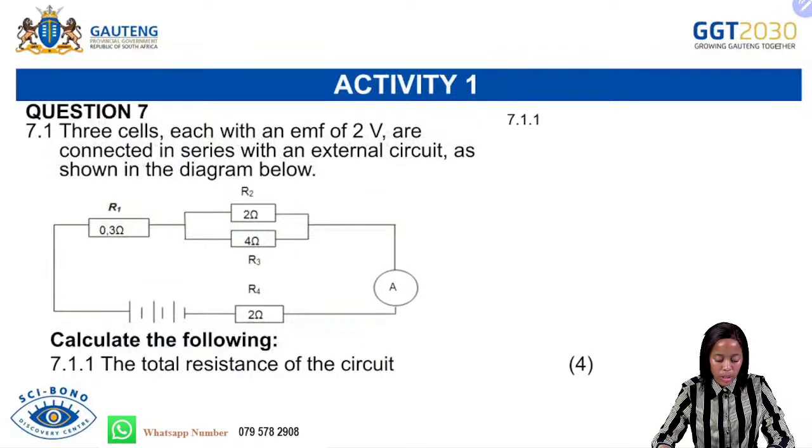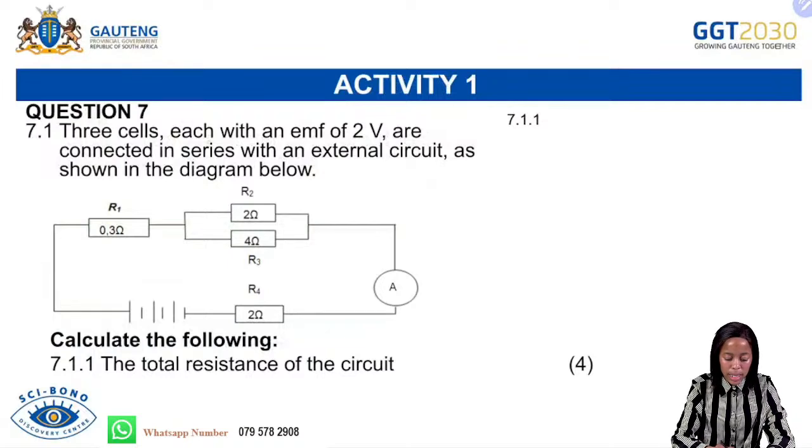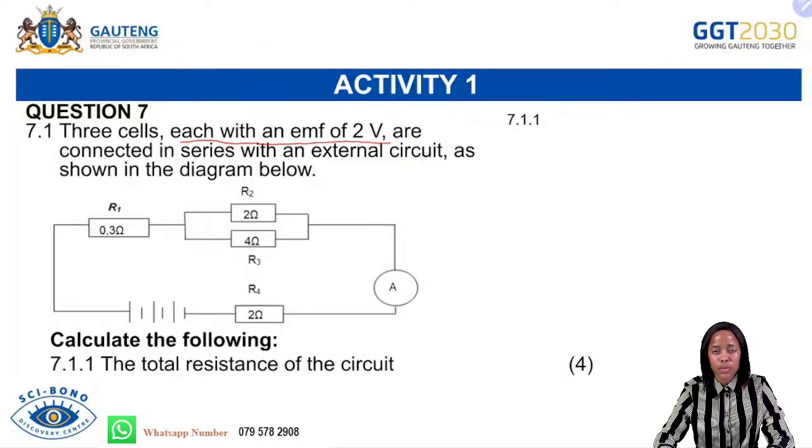Okay. So now learners, let us look at the following questions. The first one says 3 cells, each with an EMF of 2 volts. So we must understand what they mean when they talk about a cell.